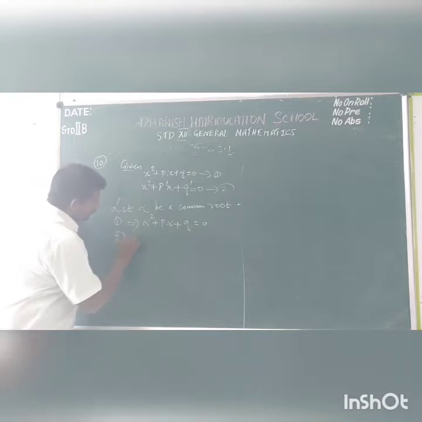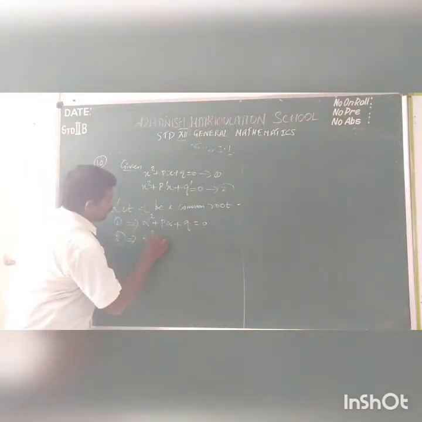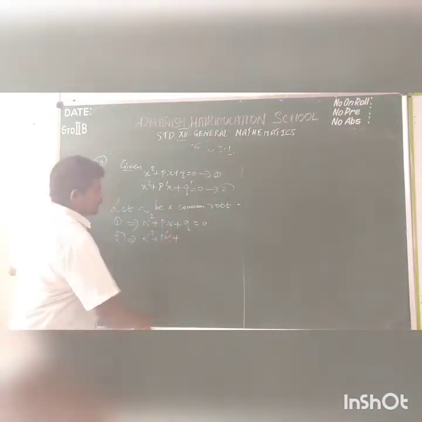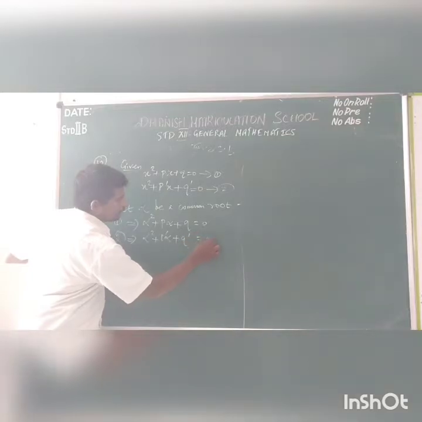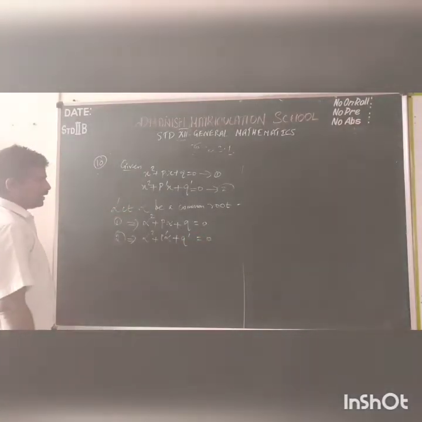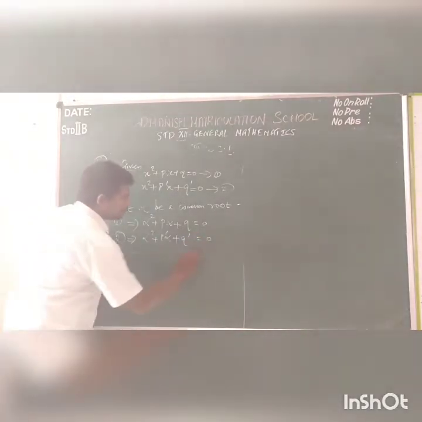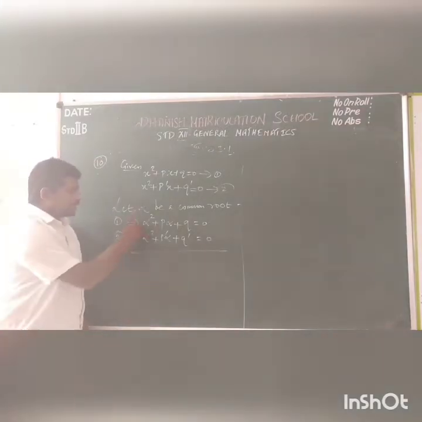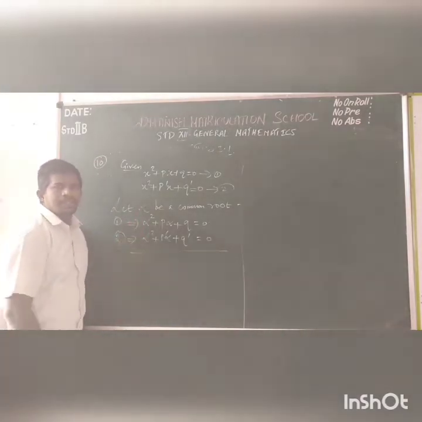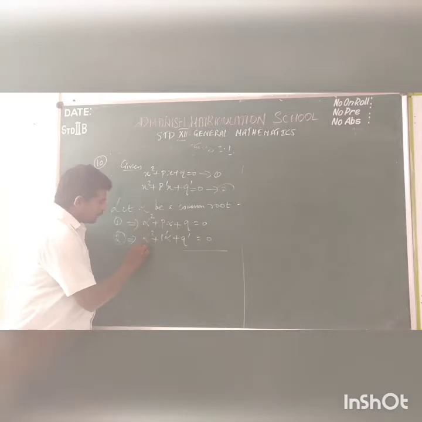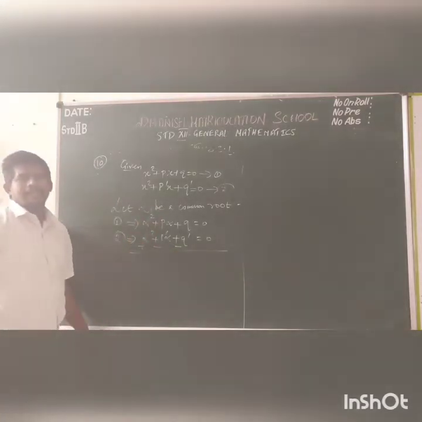Equation 2 becomes alpha square plus p dash alpha plus q dash equal to 0. Now I'm going to subtract these two equations. So in order to subtract, I'm going to change the sign of the second equation. So minus, minus, minus. The first two terms will get cancelled.